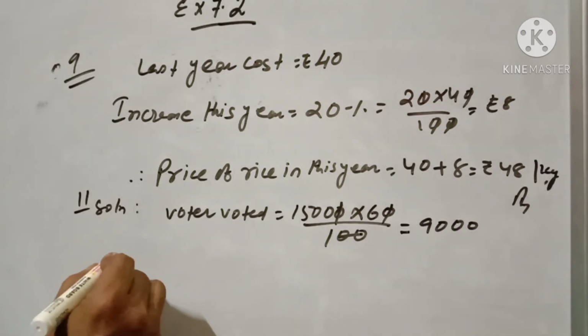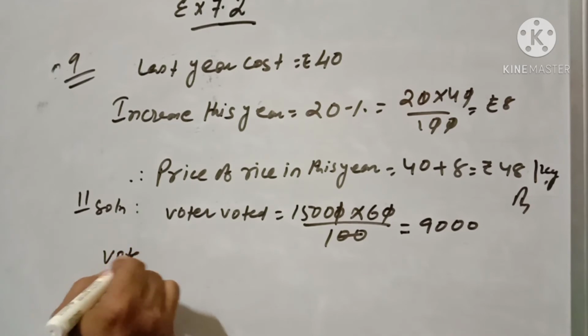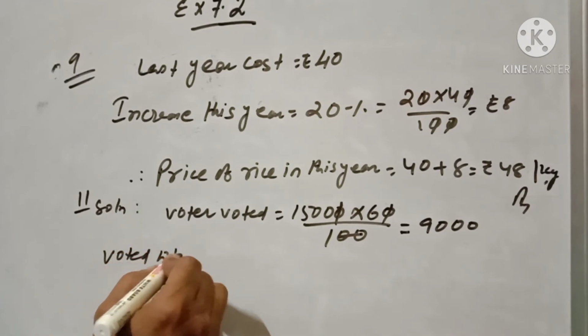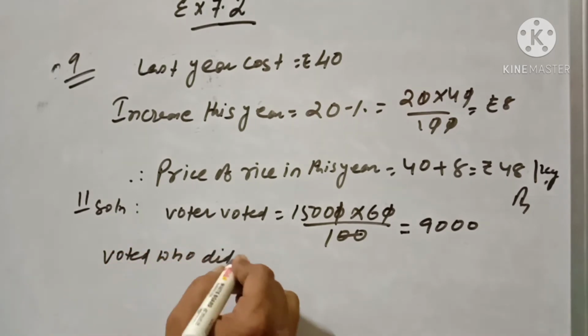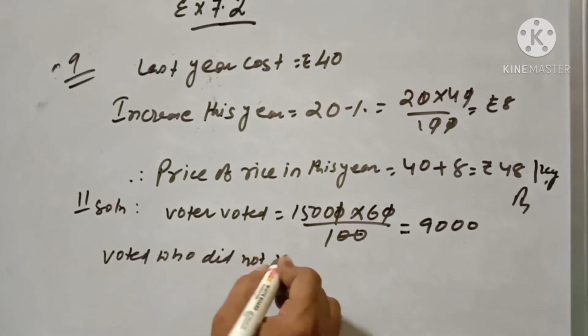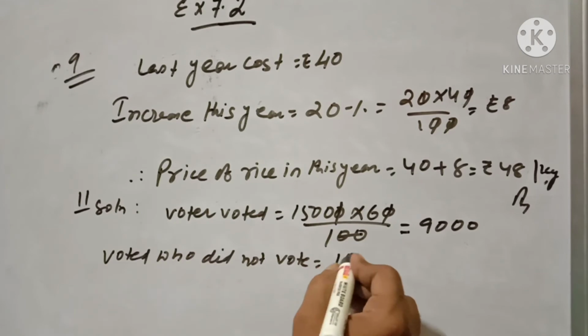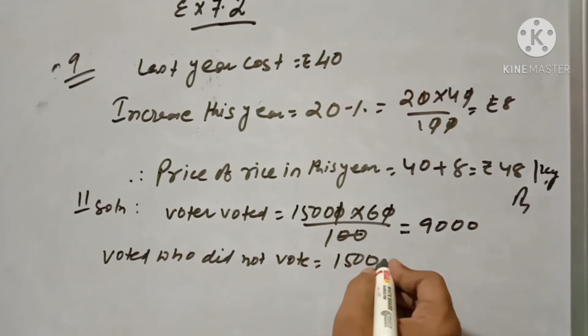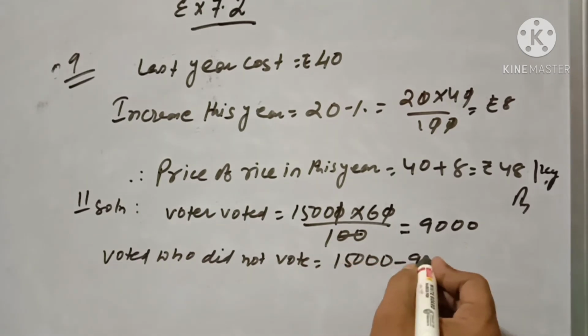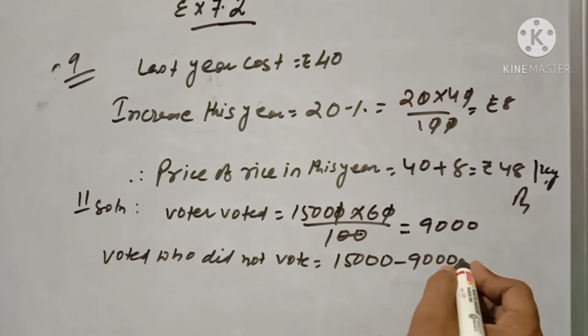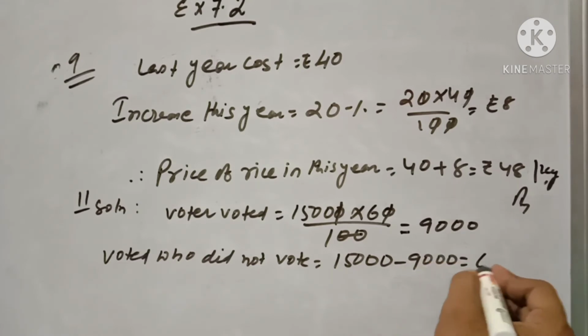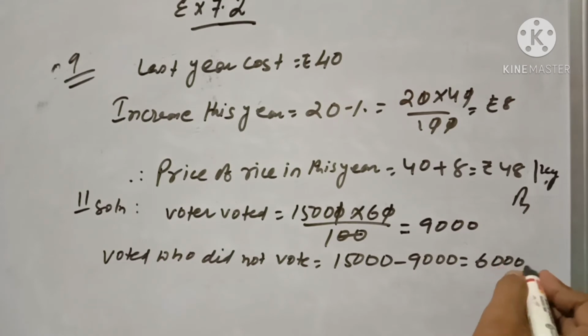So voters who did not vote means total 15,000 and these 9,000 voted, 15,000 minus 9,000, therefore 6,000 did not vote. This is our required answer. Write down.